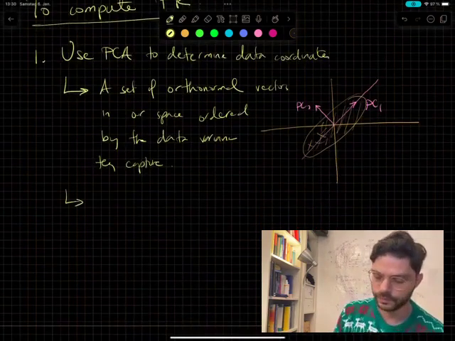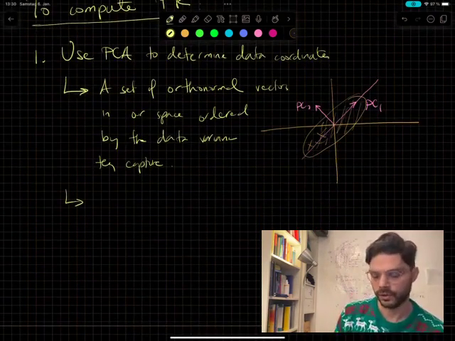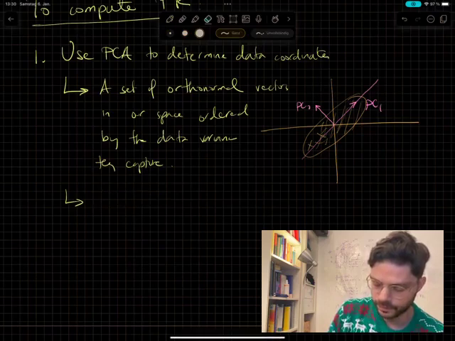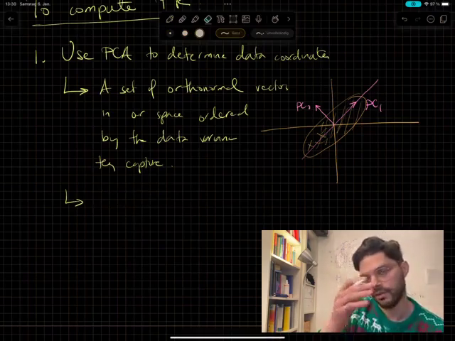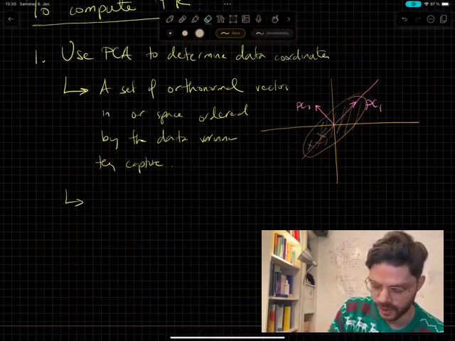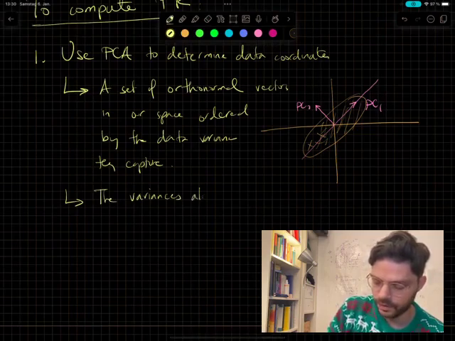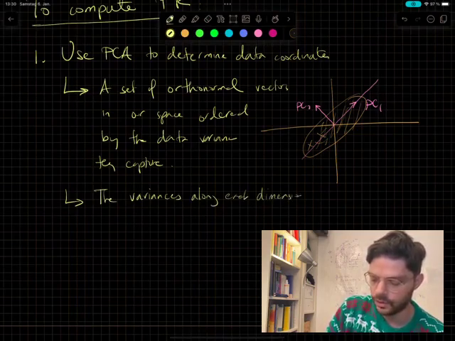And then 2, importantly, it will also give us the variances along those dimensions. So we will get the variances along each dimension.